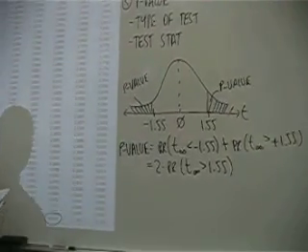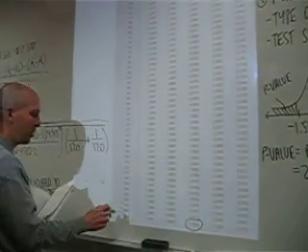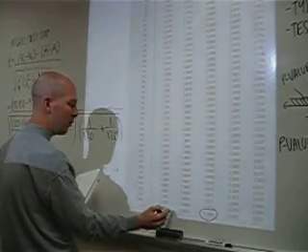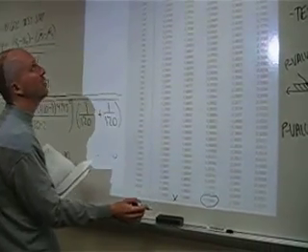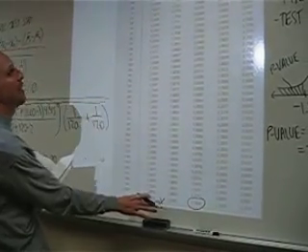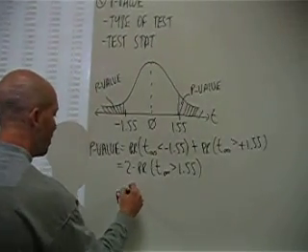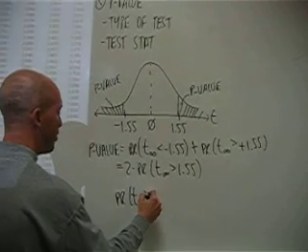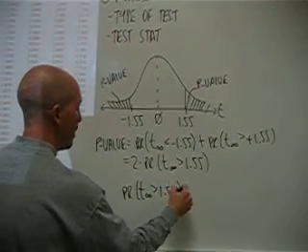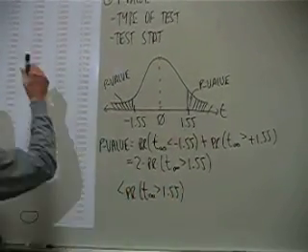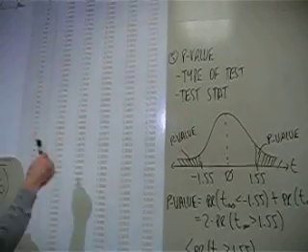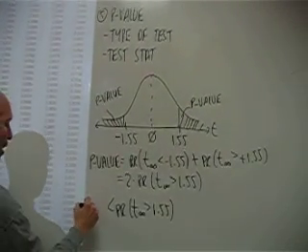Okay. Well, let's find that probability. We're going to go in our infinite row here. We see 1.5 falls between these two values. And so we know from our table then that the probability that t with infinite degrees of freedom is greater than 1.55 is somewhere between, we see the lower value there is 0.05, so that probability is greater than 0.05.